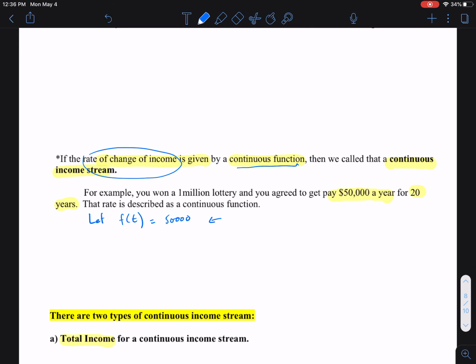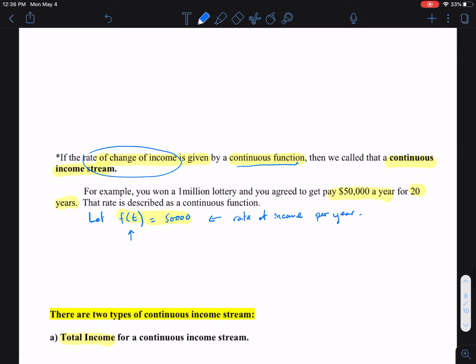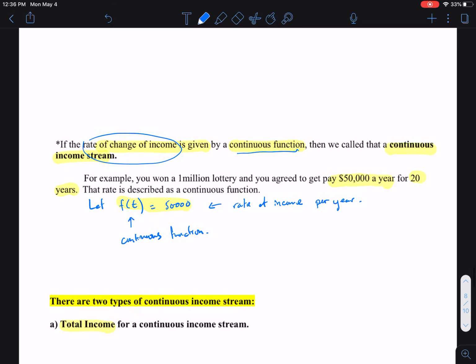This is your rate of income per year. This function here is a continuous function, though 50,000 is a constant function.